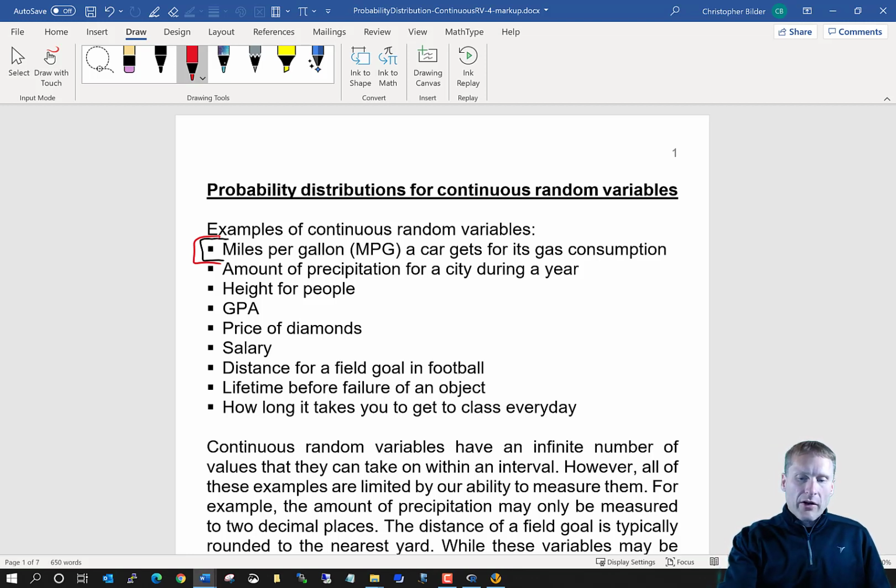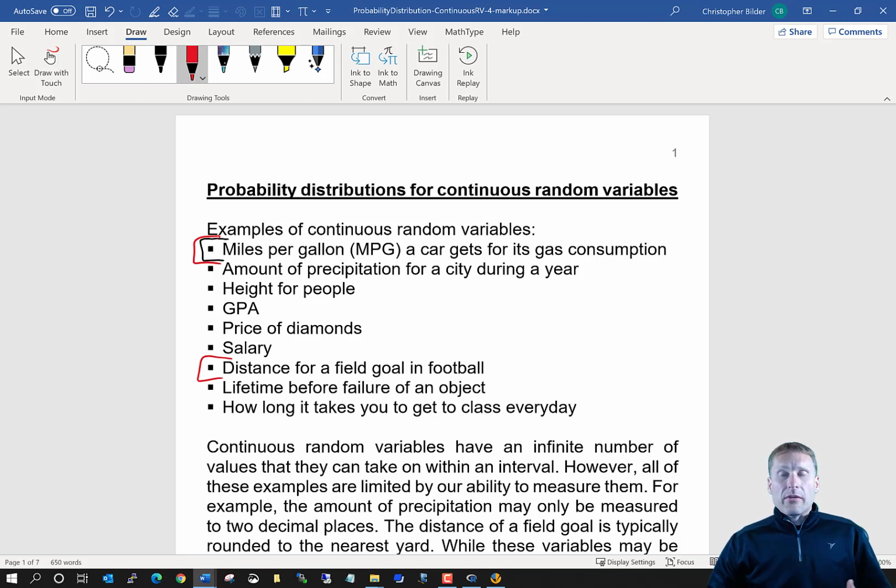We could also talk about the distance for a field goal in football, 30 yards, 31 yards. Typically, that's the way one hears distance talked about, but in fact, it could be 30.5 yards, 30.25 yards, 30.367589 yards.